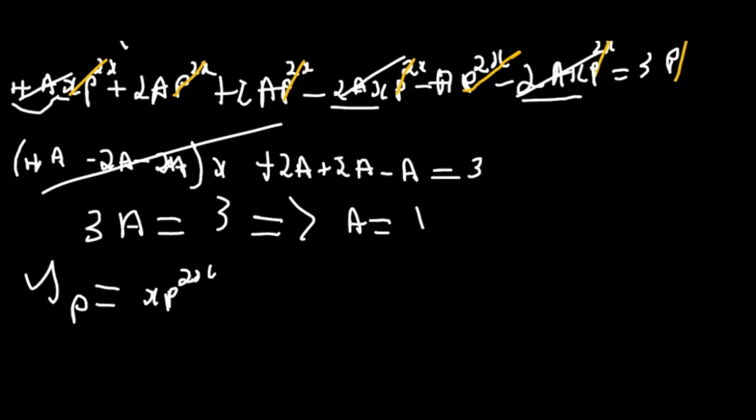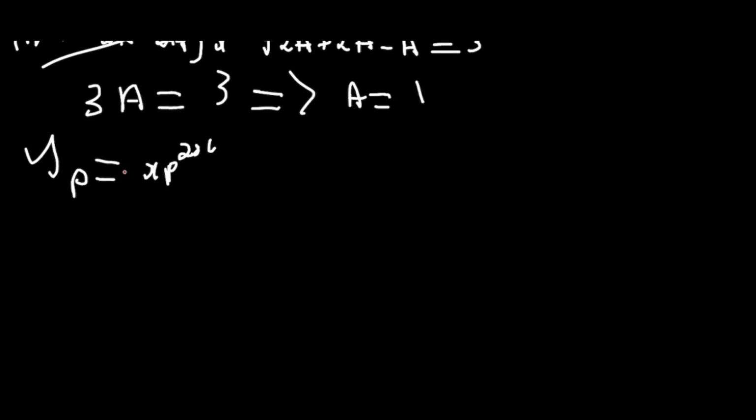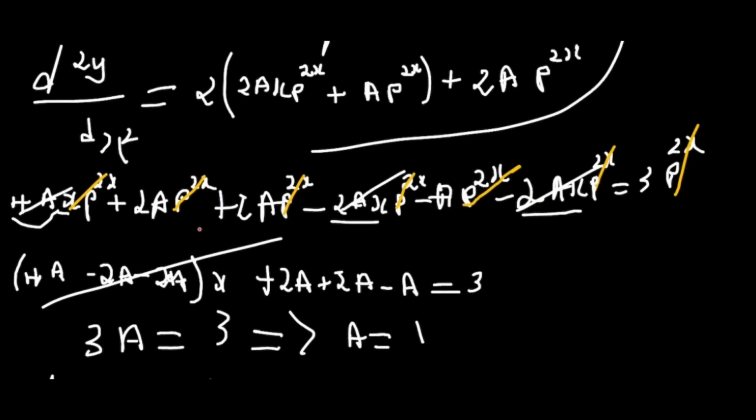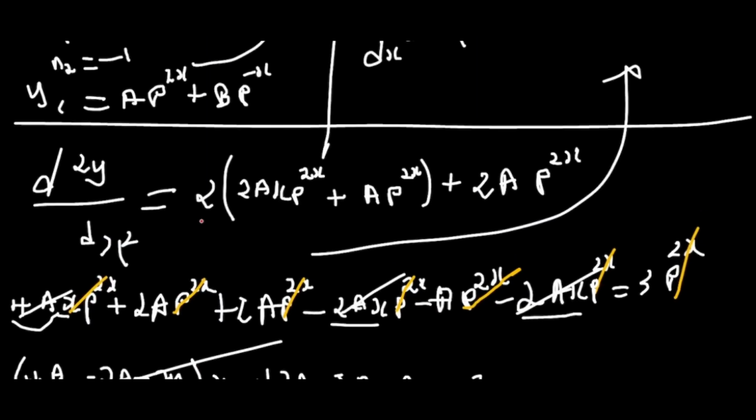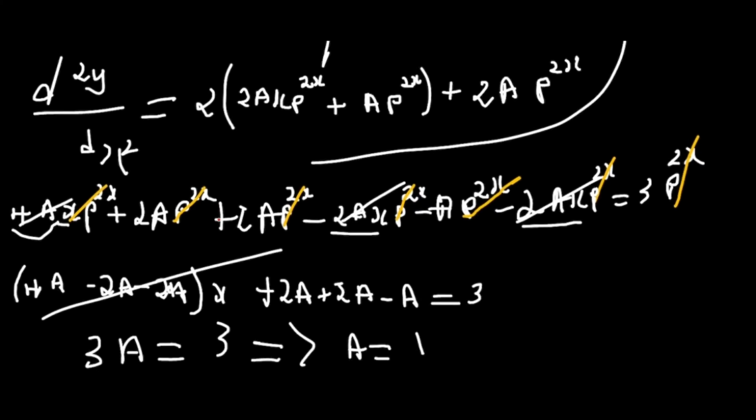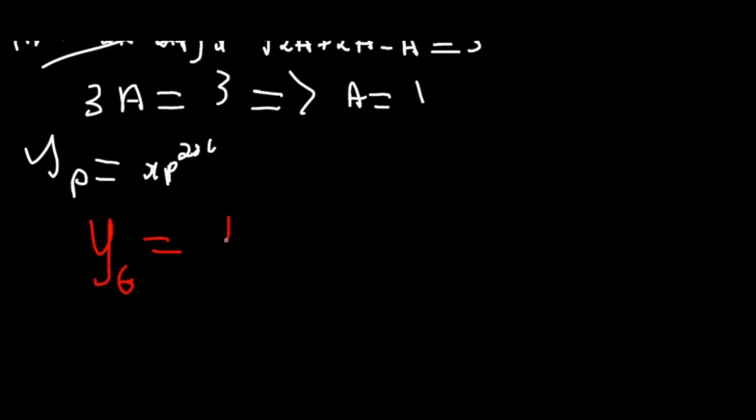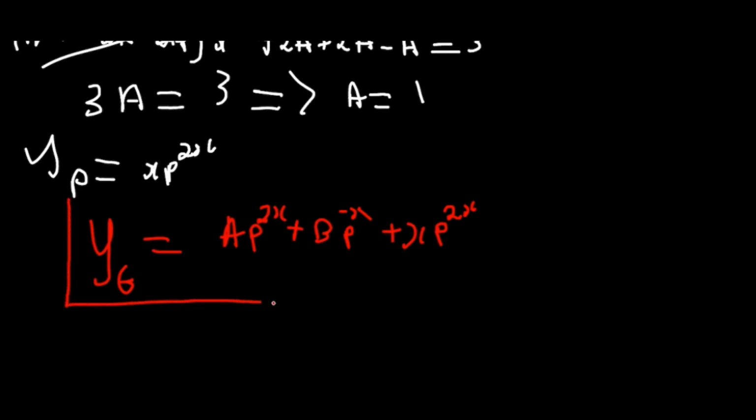So our general solution will finally be y general equals y complementary, a e to the 2x plus b e to the minus x, plus our particular solution, x e to the 2x. So that is our general solution.